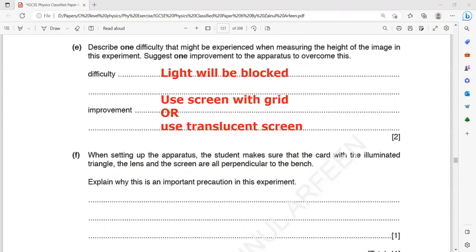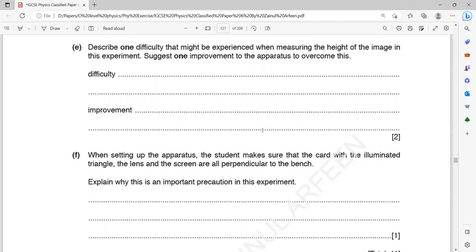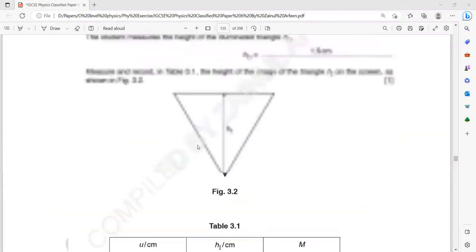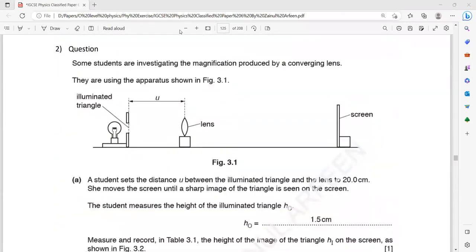Then the next part: when setting up the apparatus, the student makes sure that the card with the illuminated triangle, the lens and the screen are all perpendicular to the bench. Explain why this is an important precaution. He should have all of them perpendicular, not inclined. All should be perpendicular, 90 degrees to the surface.